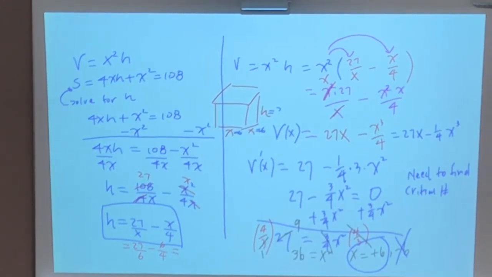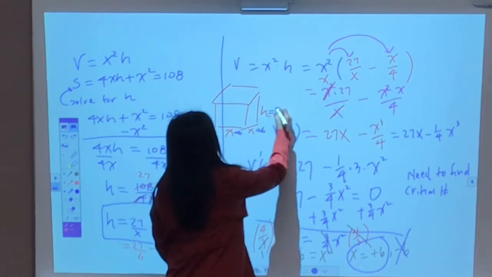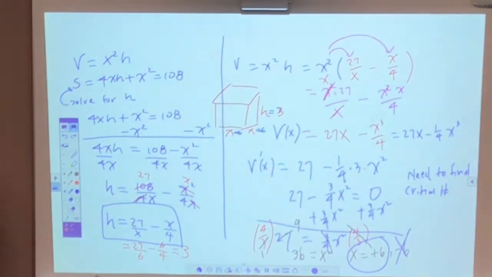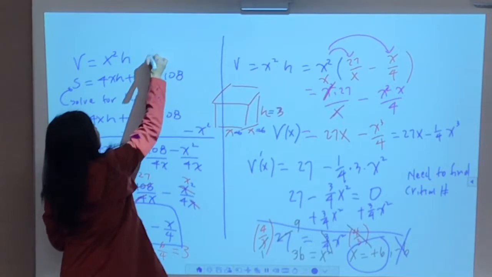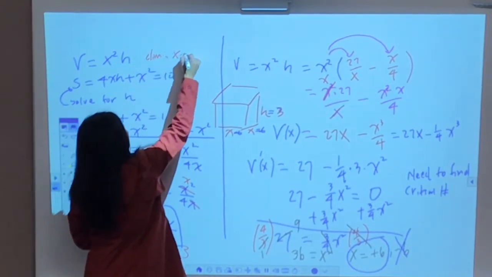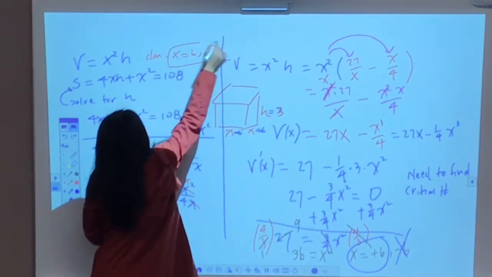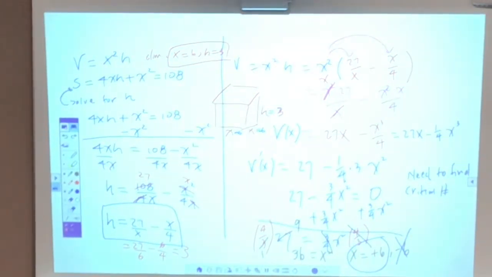The H is equal to 3, yes. So you found it. So your answer is to say what then? Since they're asking you dimensions, so your answer should be what? Then you're going to say the dimension is what? X is 6 and H is what? 3. That's what you have to say. Then you're done.